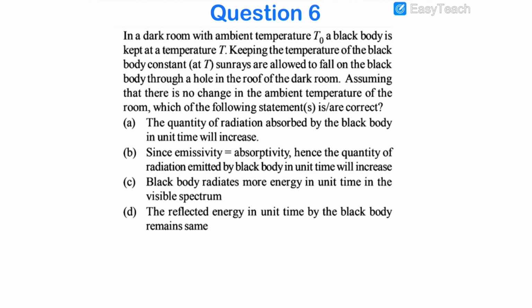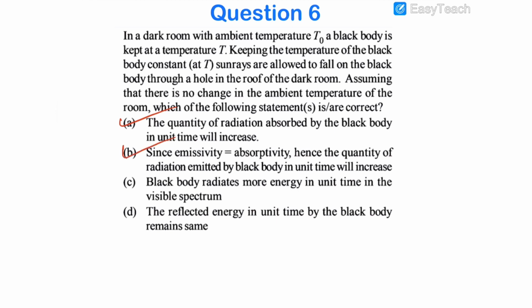Obviously, a black body absorbs all the radiation incident on it. So if extra radiation from sunlight is incident on the black body, then it would absorb them all, and therefore the amount of radiation absorbed by the black body in unit time will increase. So option A is the correct one. Now we know that emissivity and absorptivity are equal for the black body, hence the quantity of radiation emitted by the black body in unit time will also increase.